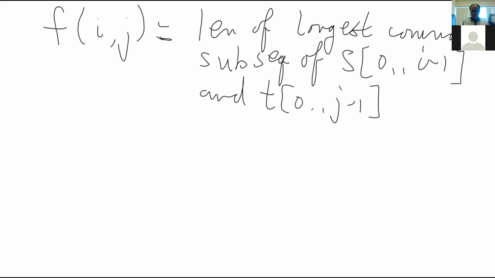In other words, f(i, j) is solving the problem when the strings are the first i characters of S and the first j characters of T.